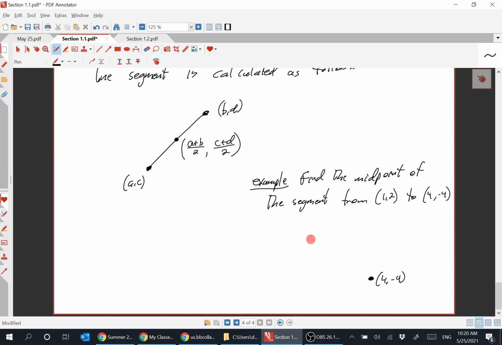And I've got my 1, 2, it's up here. And there's the segment between them. So that midpoint is right there. Well, you take the x-coordinates, 1 plus 4, and divide by 2. Y-coordinates, 2 minus 4, divide by 2. So this is equal to 5/2, comma, minus 2 over 2, minus 1. So there's the middle of that line segment. Okay?